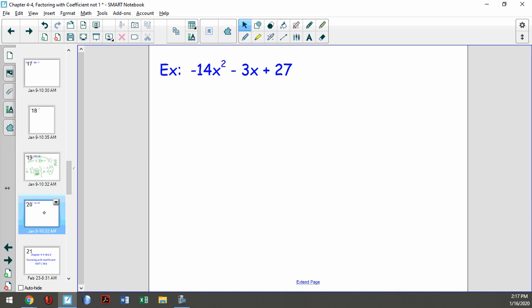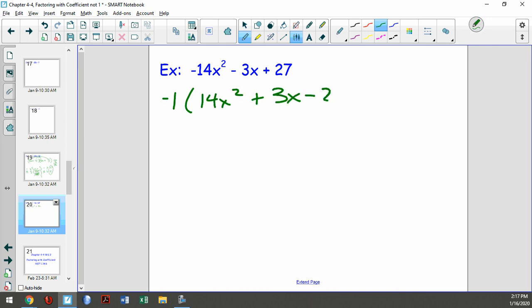So if I factor out that -1, that is going to give me 14x squared plus 3x minus 27, correct? So with that being said, what are the factors of 14? 1 and 14, 2 and 7, what do you think we should use?